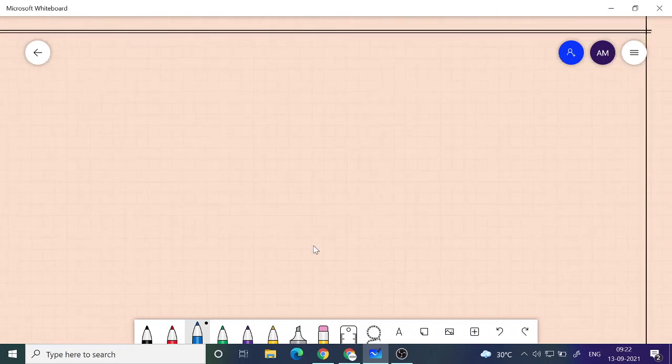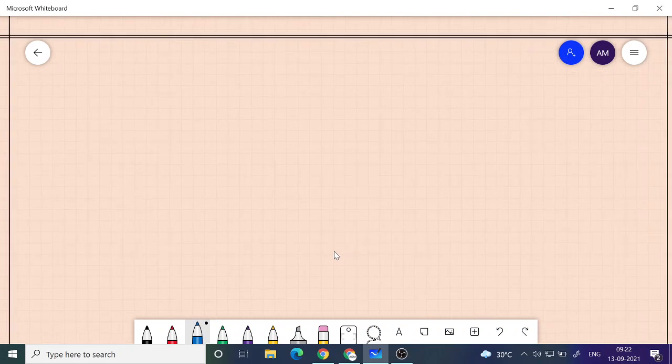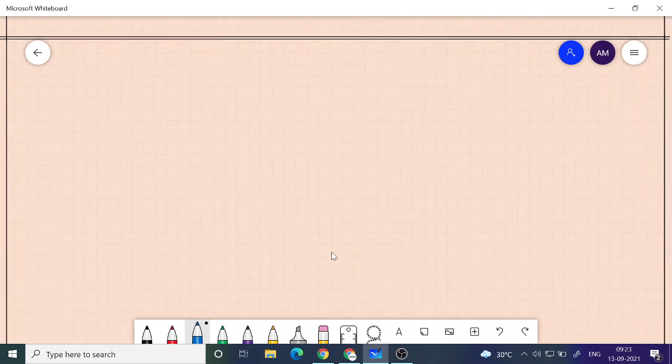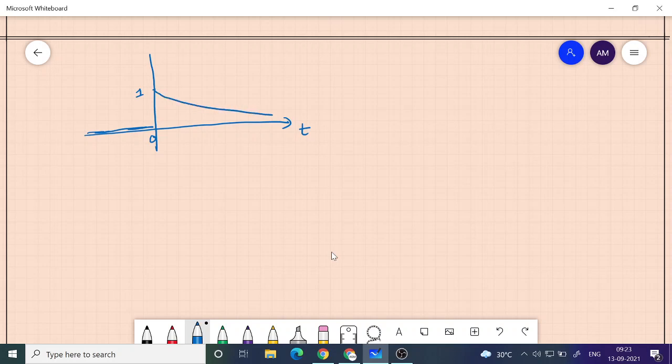It has two parts to the definition. So this is our time. t negative means to the left side of the origin, and it is 0. Then for t positive, it is e raised to minus t. So this is the signal x of t.